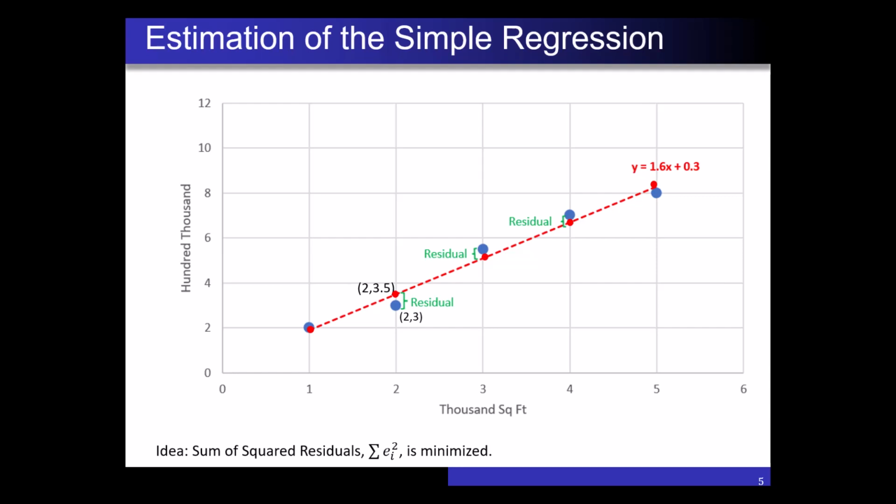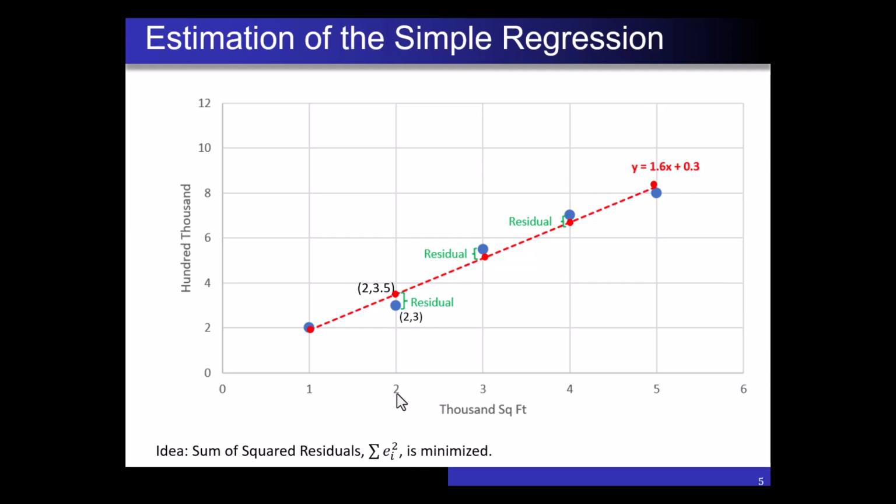For example, look at this line. In this plot there are 5 data points, each of which is an observed value. And the red line is the least squares estimated linear equation line, which is y equals 1.6 times x plus 0.3. And for every single x, there is an observed value and the corresponding estimated value.